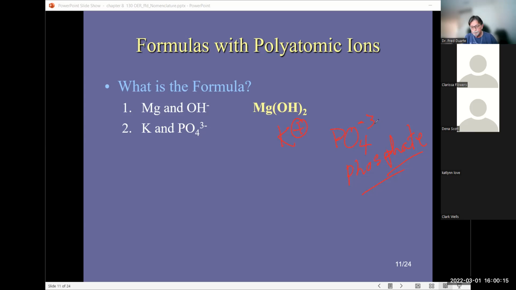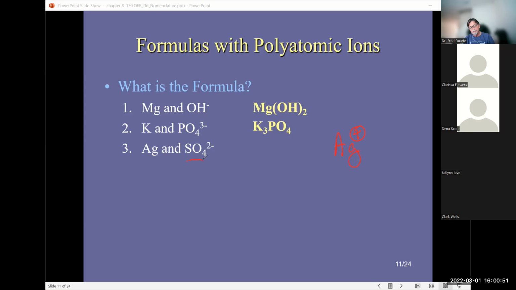All right, almost done here. So we need 3 K pluses. Why? Because the phosphate has a -3 charge, and we need 3 pluses to cancel the -3 of the phosphate. So its formula would be as follows: potassium phosphate. This one here, silver, we set it into ionic form, which we know is a +1, always, 100% of the time, +1.